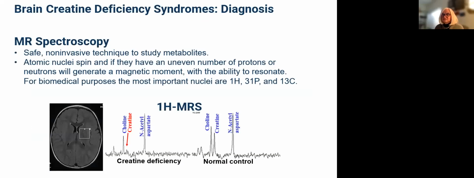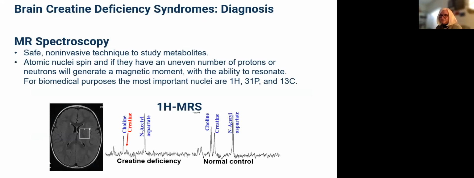As I mentioned earlier, initially they were identified through MR spectroscopy because of the lack of the creatine peak. On the right side, you can see the brain MR spectroscopy of a patient unaffected by cerebral creatine deficiency.